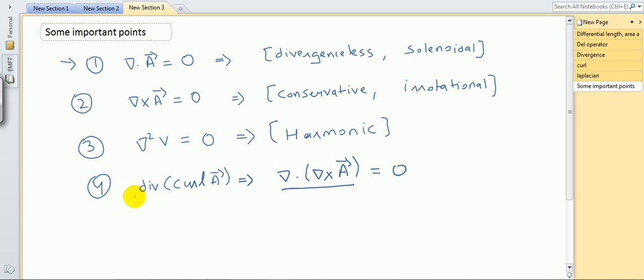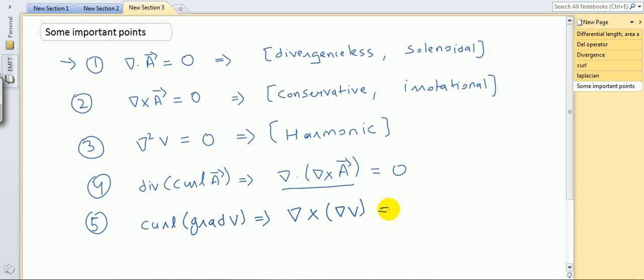This is an identity. Fifth point, if you are doing curl of gradient v, किसी स्केलर का आप gradient निकाल रहे हो और फिर उसके बाद उसका curl निकाल रहे हो, that is, if I write in del operator form it will be something like this, because the gradient of a scalar will be a vector quantity and we can find the curl, so it will be 0. This is also an identity.